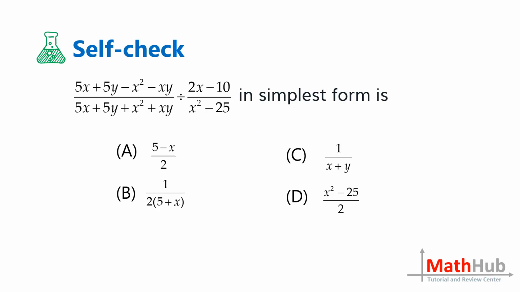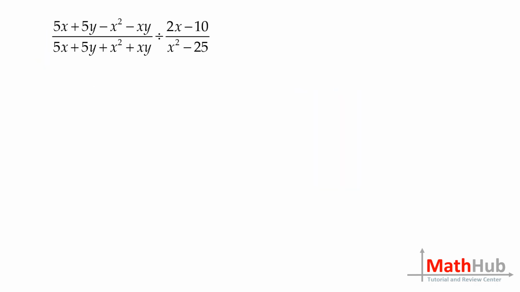Alright, so for this next example, we want to divide these RAEs. Let's now solve. If we take a look at this one over here, the numerator and denominator involve more than 3 terms. So that means we have to proceed by grouping.